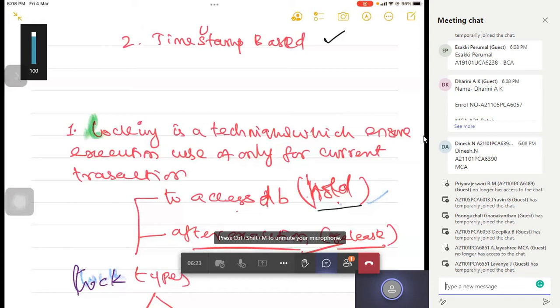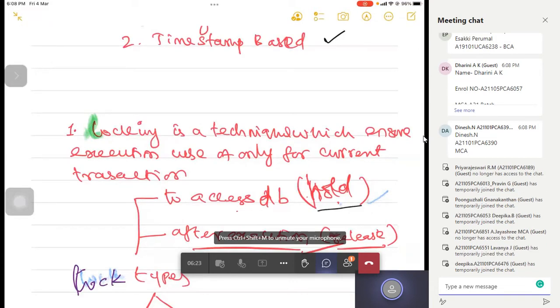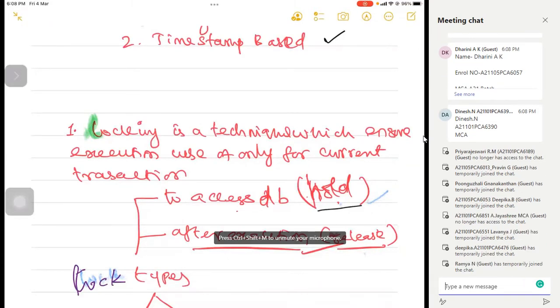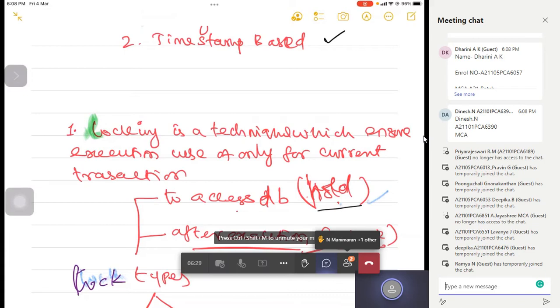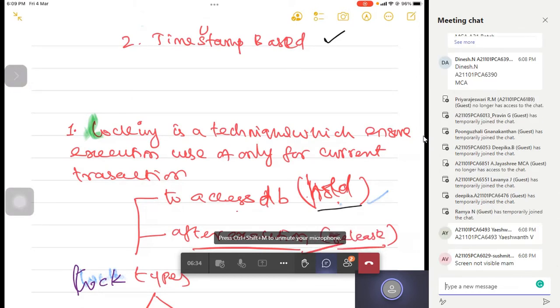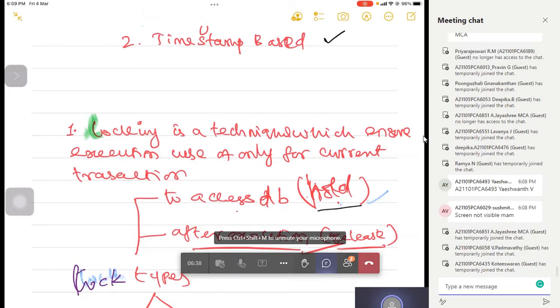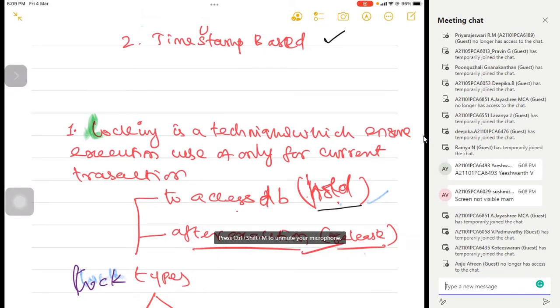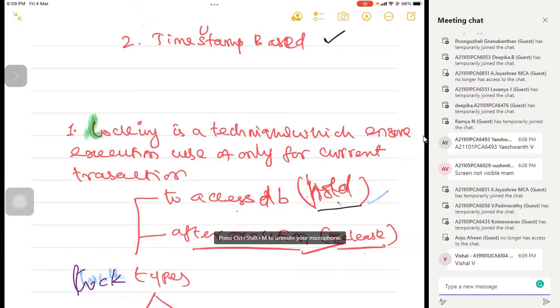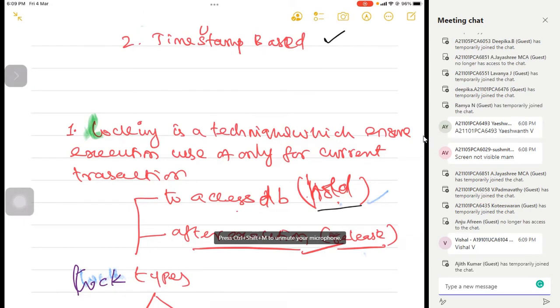What does locking mean? See, when a process is using one resource, that resource is completely allocated to that one process. The others cannot access it during the earlier allocation. So at that time you keep the lock for the current process.